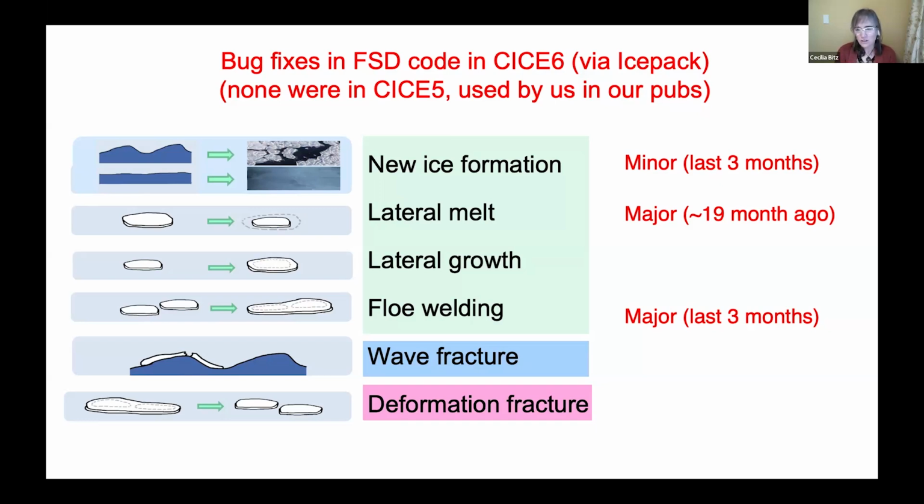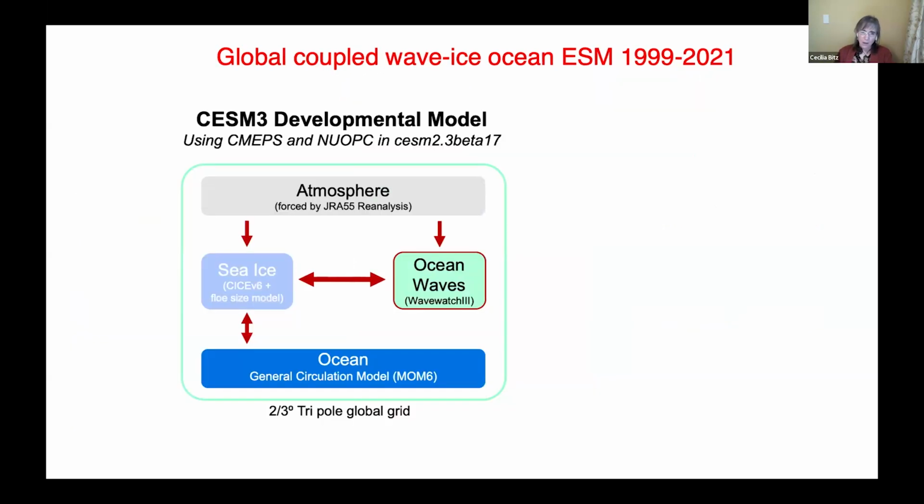A minor code change that was necessary for conservation was in the new ice formation, and that's a recent update. A more major update was to lateral melt, and I had that added to Icepack about 19 months ago or something like that. So it's been around for a while, but it had major consequences for how this code works. And then within the last few months, a really major change to the welding scheme. So don't hesitate to get new code on a regular basis as it's so rapidly developing.